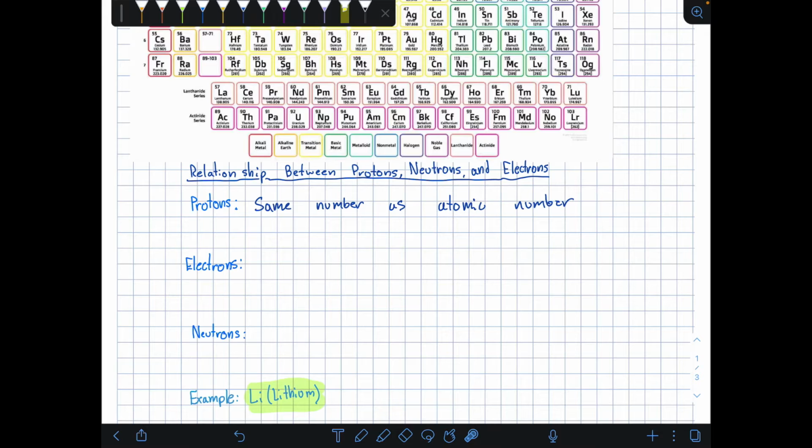Anyway, electrons are in the outside layers of your atom. So they make up most of the volume of the atom, but your nucleus is where all the mass is. They have to equal out the protons.